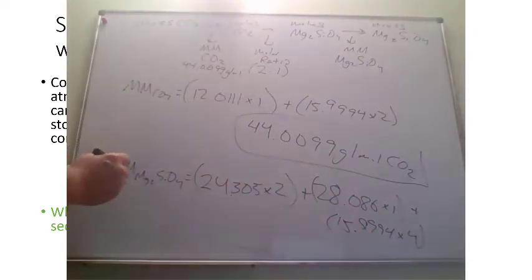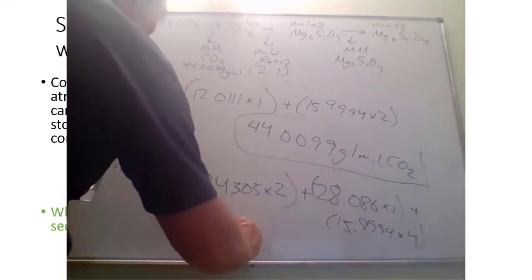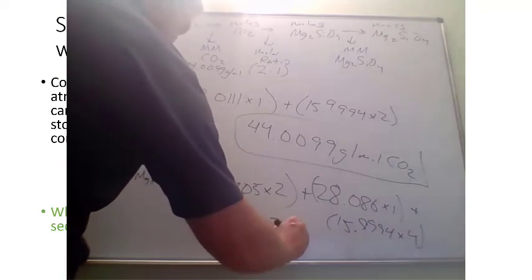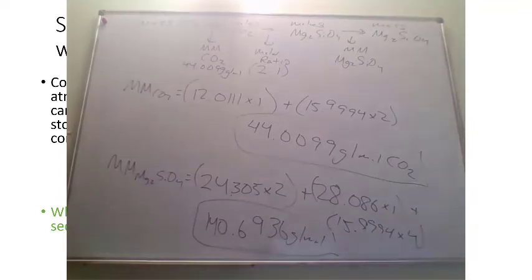So if we plug and chug here, we get a final answer of 140.6936 grams per mole for the Mg2SiO4.